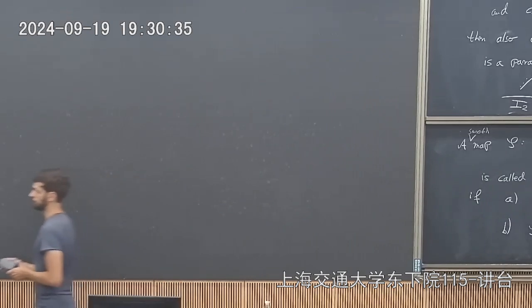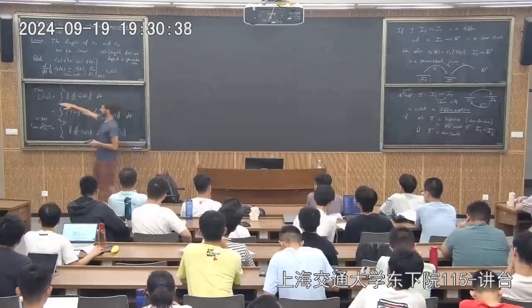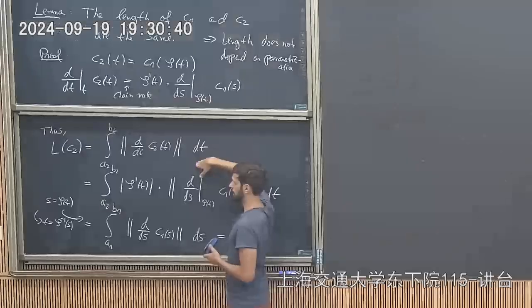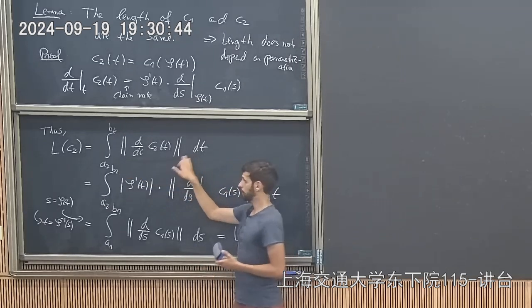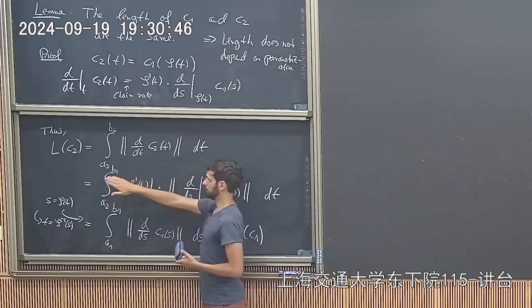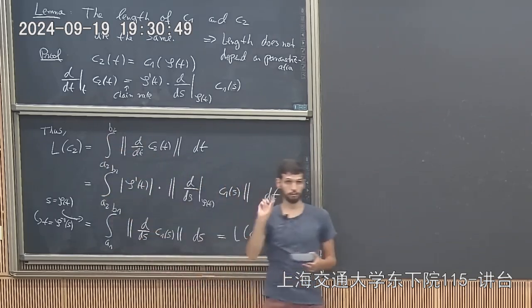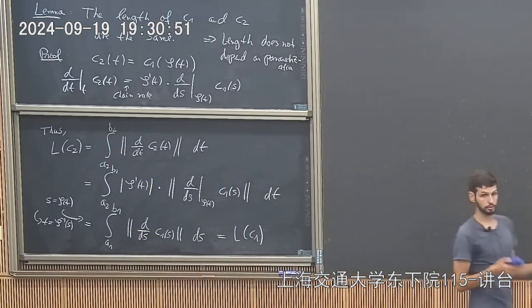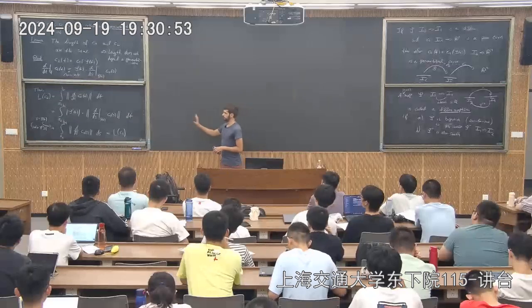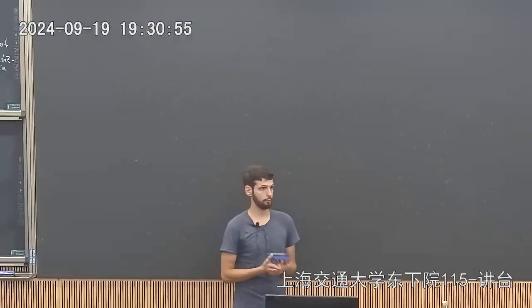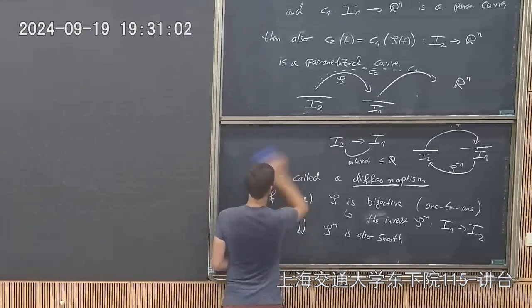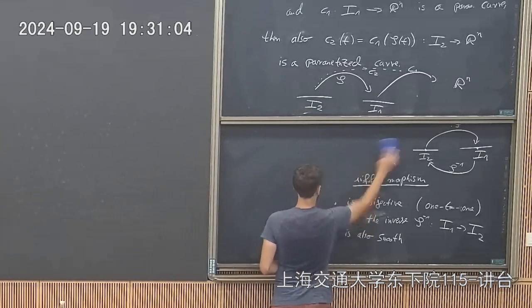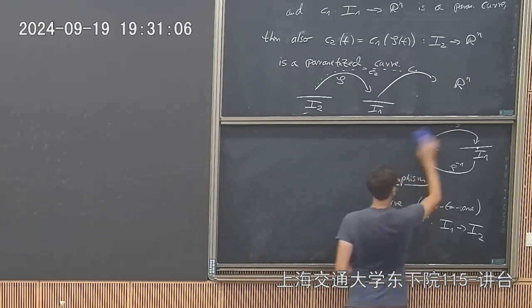In the integral of the length, the easiest integrals to calculate are the ones where the norm of the velocity is already 1, because then the integral of 1 is just the difference between the boundaries. So that is a class of curves for which we can calculate the length really easily. These are the unit speed curves.